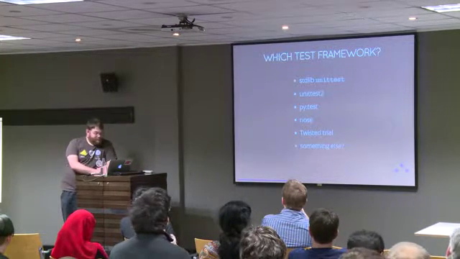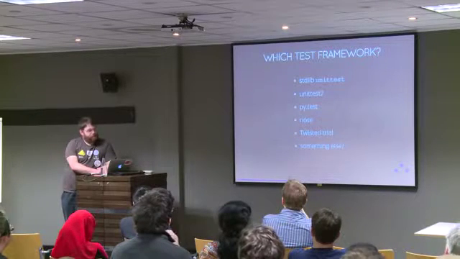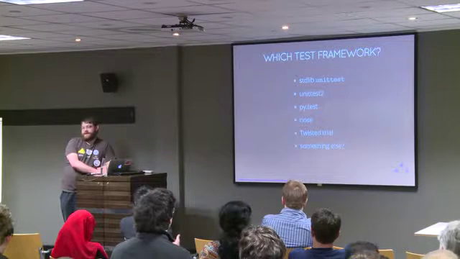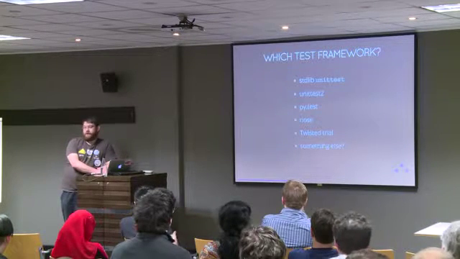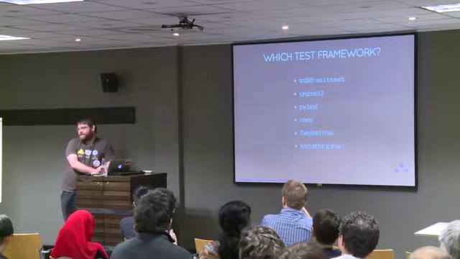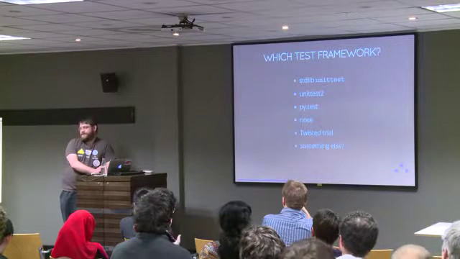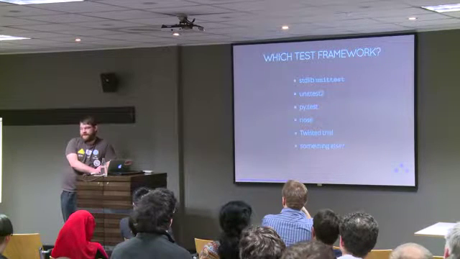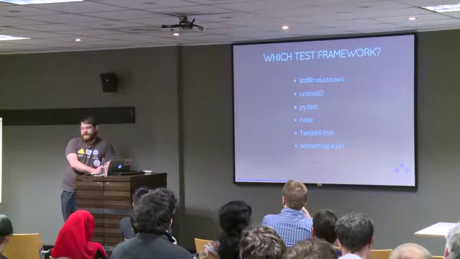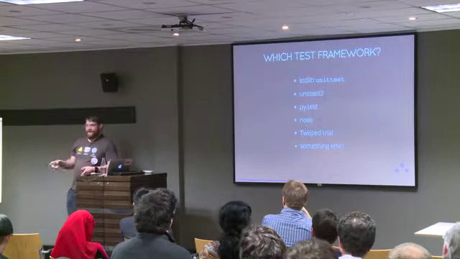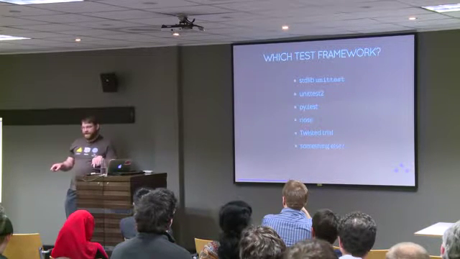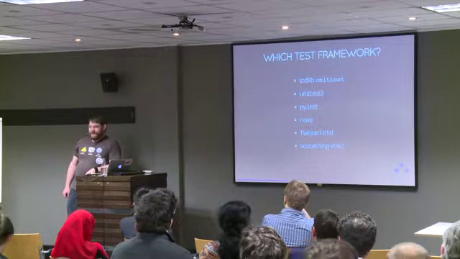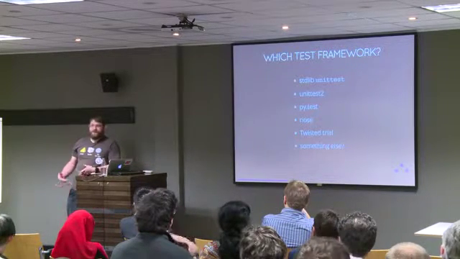I dislike nose because, I don't know if it's changed in the last couple of years, but nose's test runner would use the first line of the docstring instead of the test name when it was reporting things. So in order to figure out where in your code the test failed, you either had to write the fully qualified method name or something as the first line of your docstring, which I'm not going to do, or you had to not write docstrings for your tests, which is what I did.